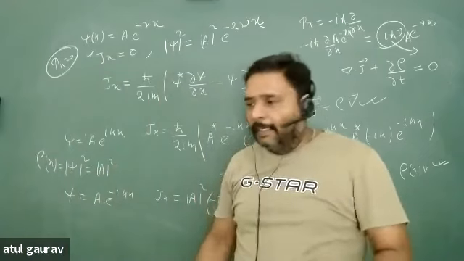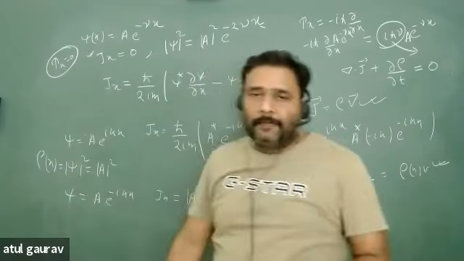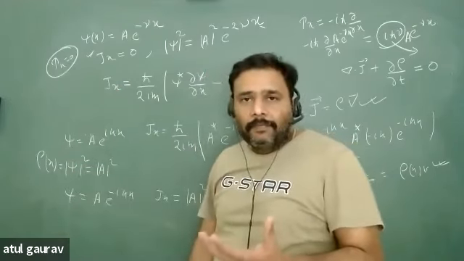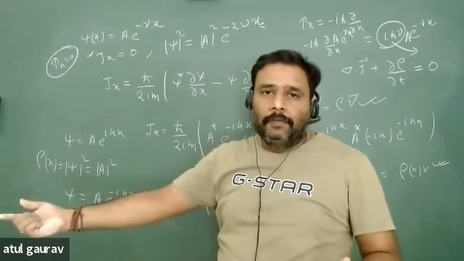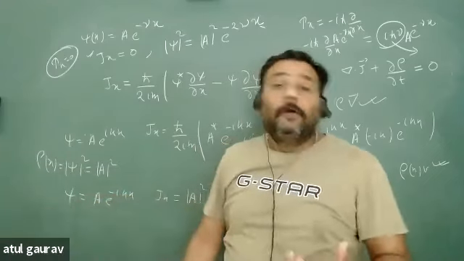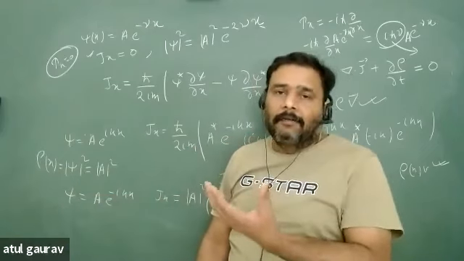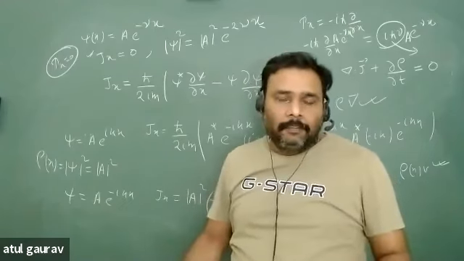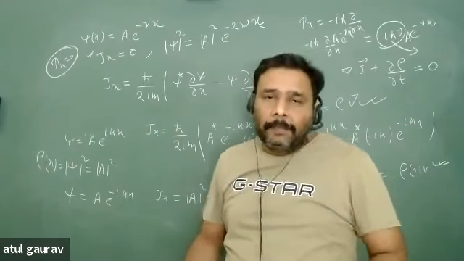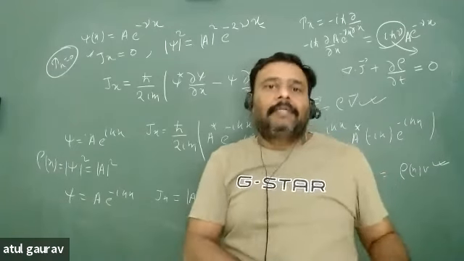Means here, by seeing Jx, you can tell that even if Jx is zero, there is probability density. And Jx will be zero only in the classically forbidden region. So you can find there may be existence of a particle in a classically forbidden region.